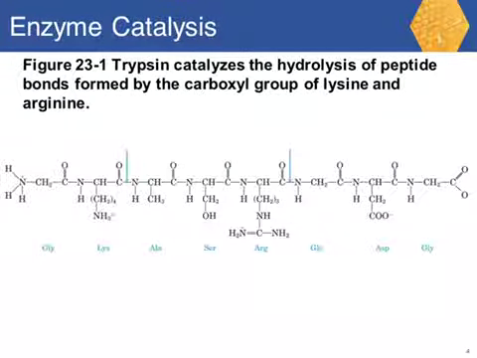Enzyme catalysis. All this refers to is the acceleration of the reaction by the catalyst. So here you're seeing trypsin catalyzing the hydrolysis of a peptide bond formed by the carboxyl group of lysine and arginine. So lysine, okay, and arginine has this group where you see the blue arrows. Let me get my pen. Remember, that's your peptide bond. We talked about that in the last unit.